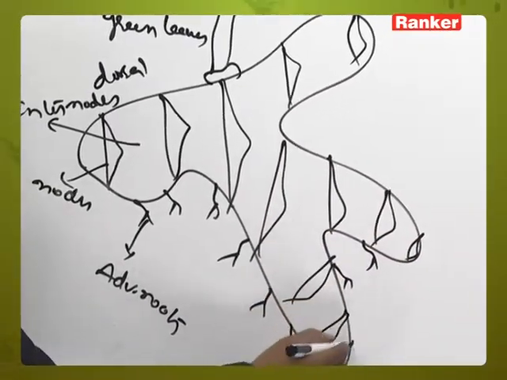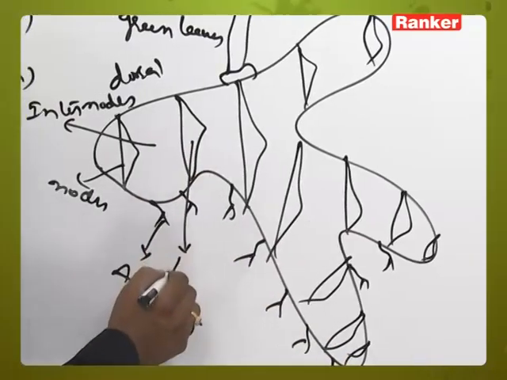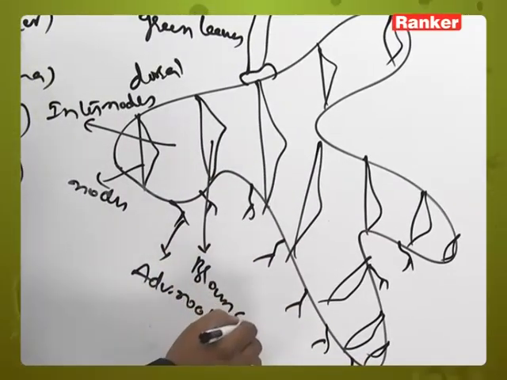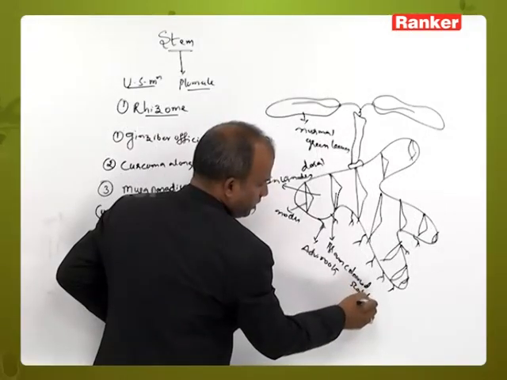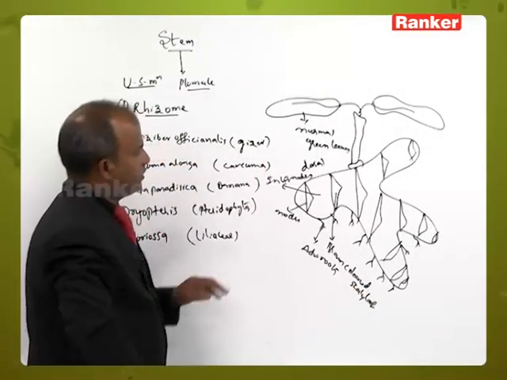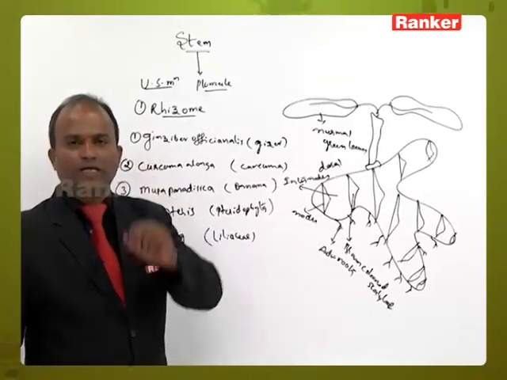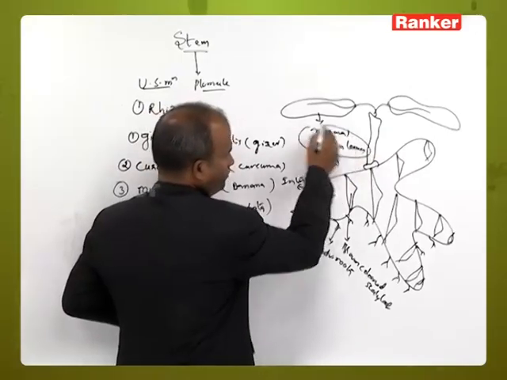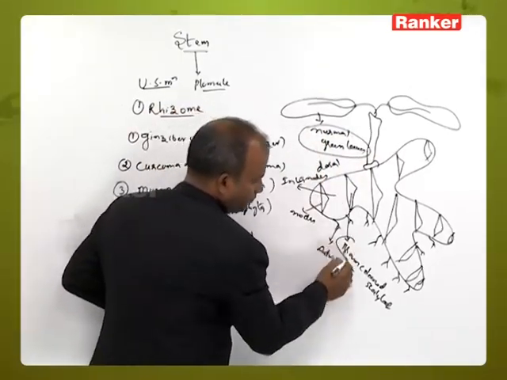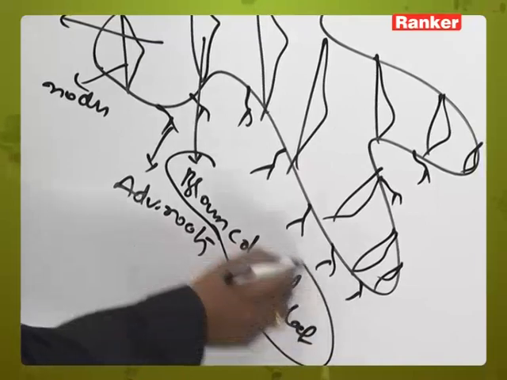That means this rhizome shows two types of leaves. One is normal green leaves, and the second one is brown colored scaly leaves.